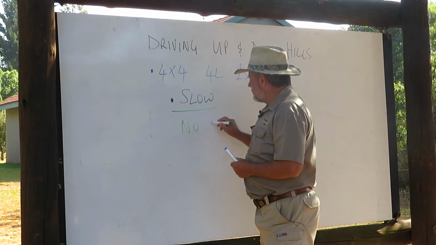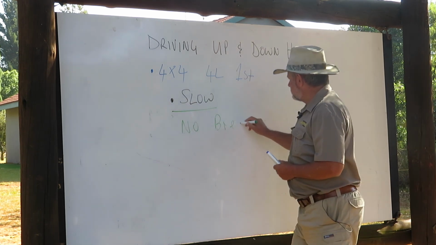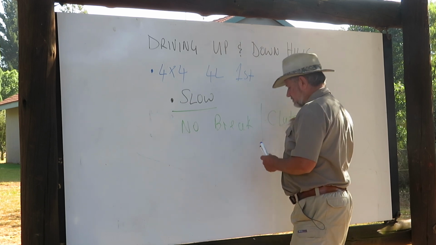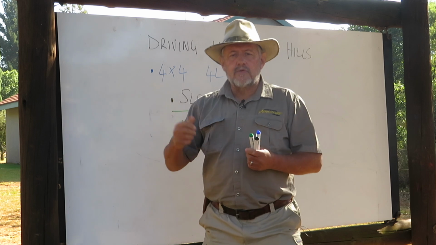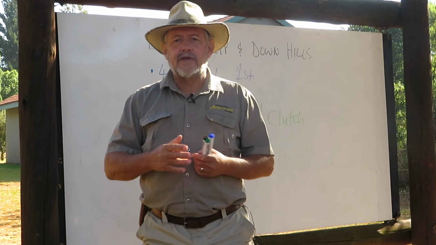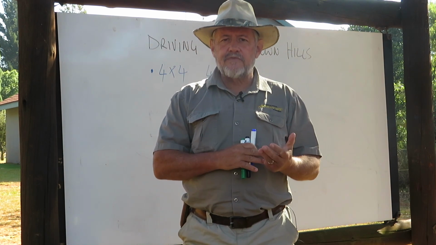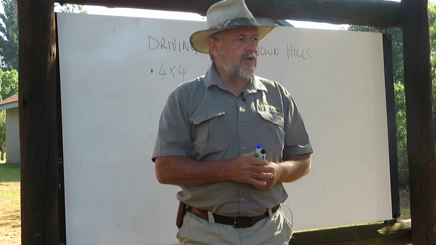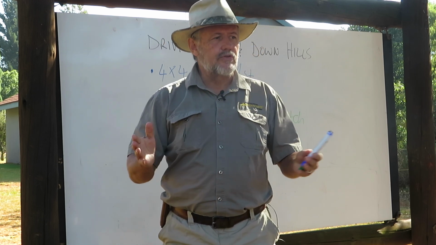So no brake, no clutch. When we're in the obstacle, we're going to address again the factor that if we stall the vehicle or get bogged down or something happens, we're not going to be able to continue driving.